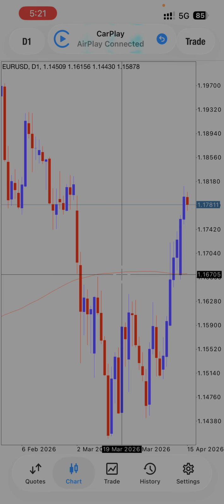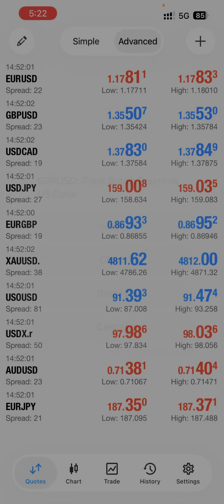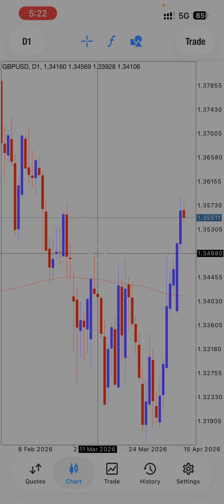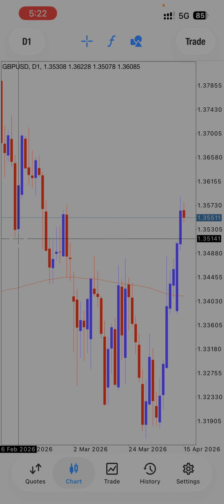All right, guys, we have to make sure that the price doesn't fall below 1.1670, otherwise the entire bullish scenario in Euro USD will be invalidated. At the same time, in GBP USD, the support areas from where we can find bullish entries are these. Number one is the swing low of 6th February, which is giving us an area of 1.3507.